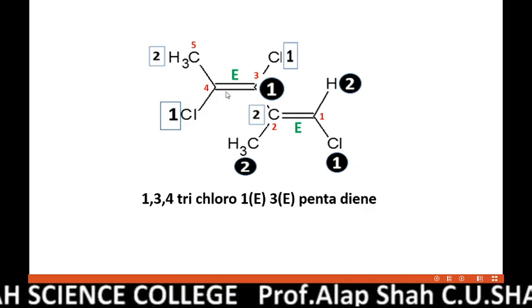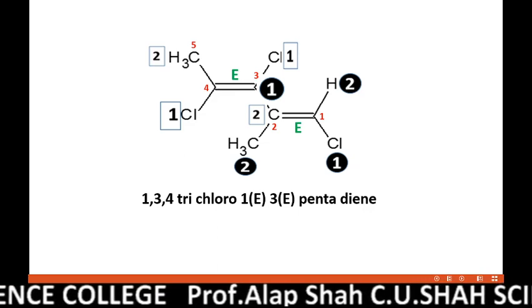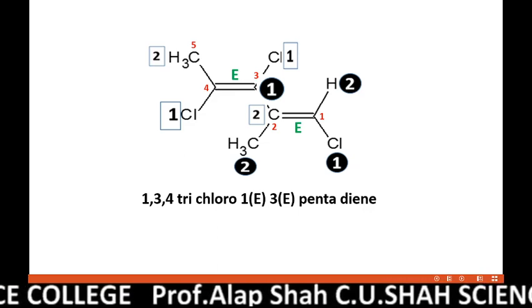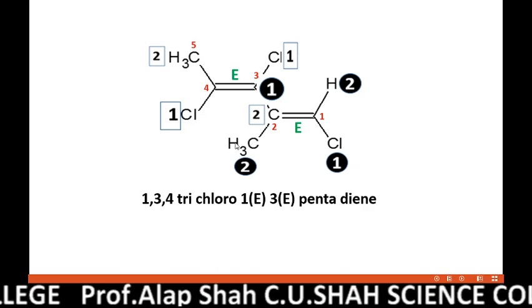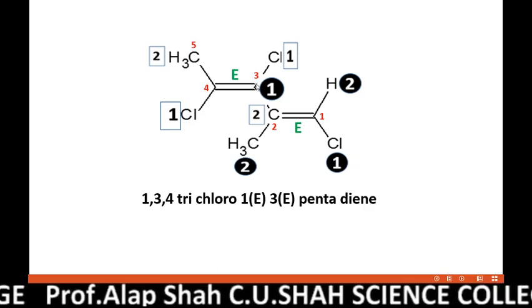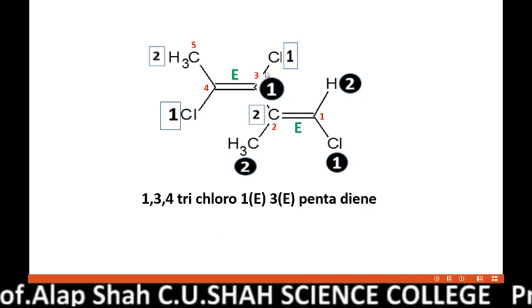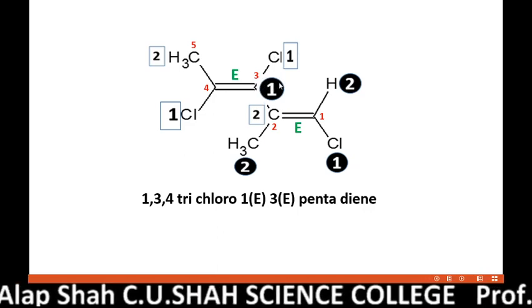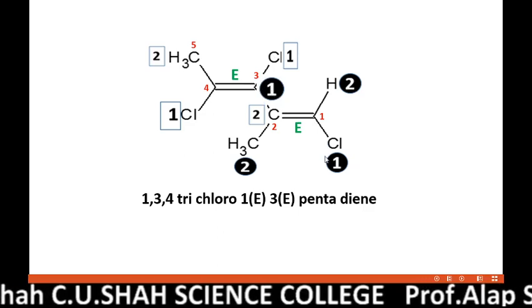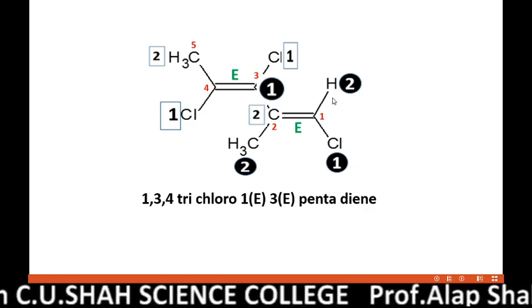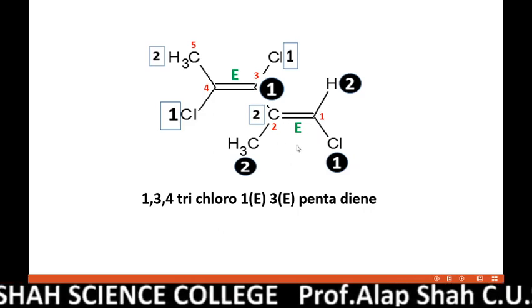In the CIP rules, whenever there is a double bond, we treat it as if there are two single bonds. So this carbon is attached with three hydrogens, and hydrogen's atomic number is 1, so 1, 1, 1, while this carbon is attached with one chloro and two carbons, so 17, 6 and 6. So this carbon takes first priority and this takes second priority. Now you can see that the equally prior groups are at a relatively trans position, so it is E configuration about this double bond.